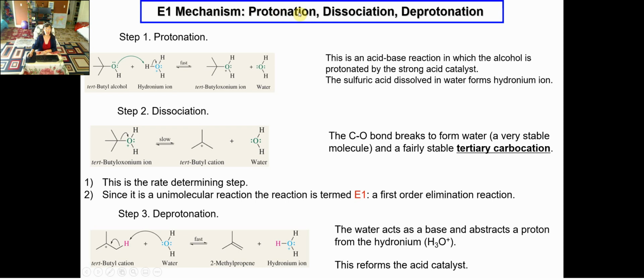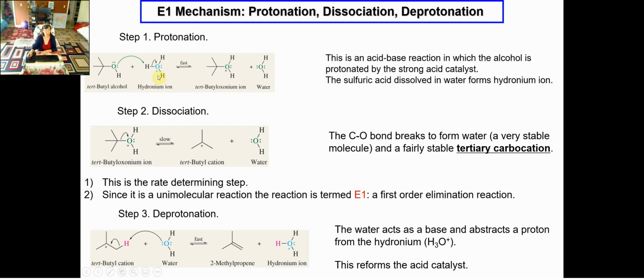It sounds like an SN1 reaction, right? Protonation, dissociation. After the dissociation, you are not going to have a substitution reaction. You are going to have an elimination reaction. The third step is called deprotonation. What does that mean? Let's take a look at this tert-butyl alcohol. Again, you have your alpha carbon, you have 3 beta carbons, and then you have your alcohol.